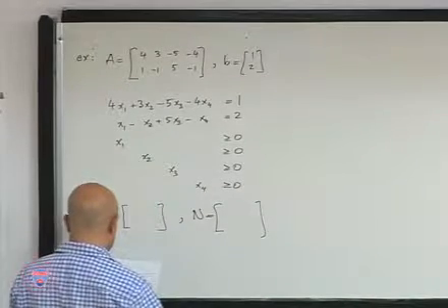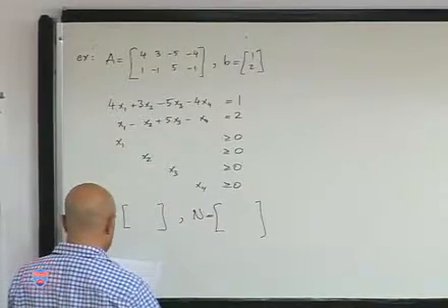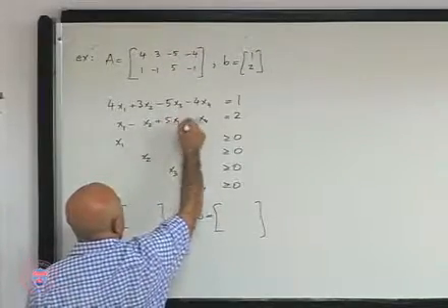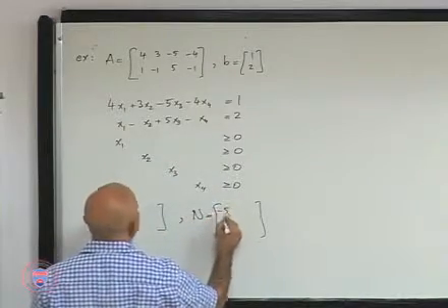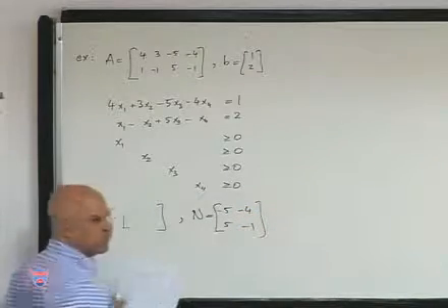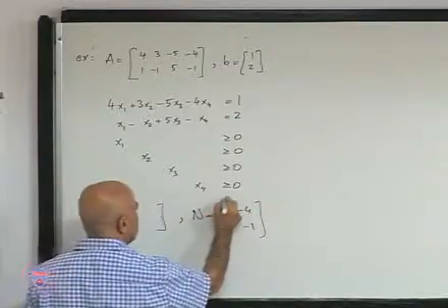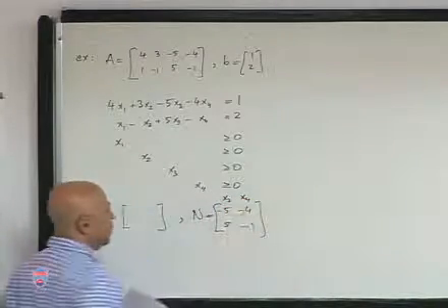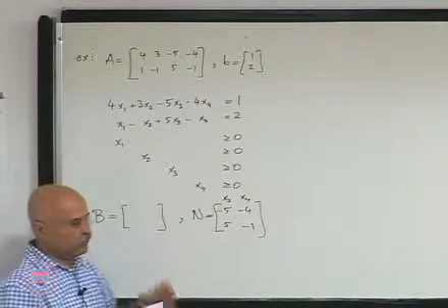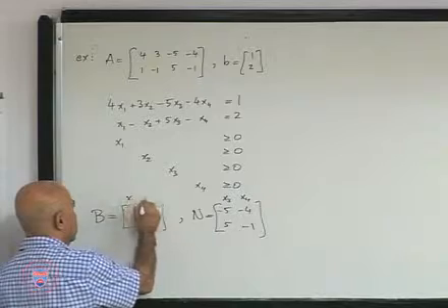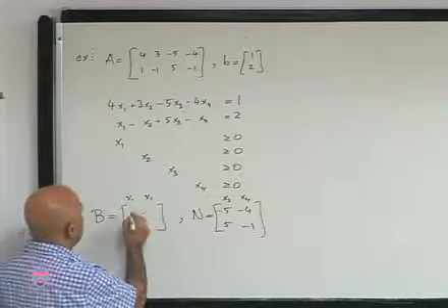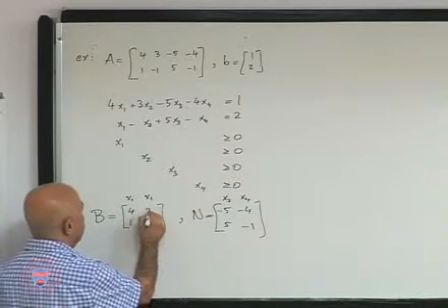For N, I happen to pick x3 and x4, so the columns associated with x3 and x4 are -5 and 5, and -4 and -1. That's how you partition. These are the variables that we are going to set equal to 0, okay? And x1, x2 are the variables that we will solve for. In this case, we've got 4, 1, 3, -1.